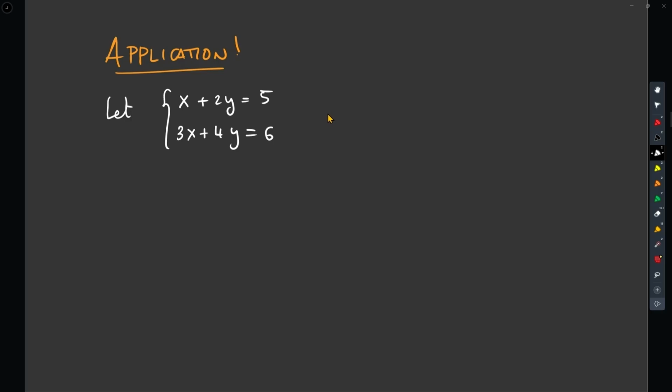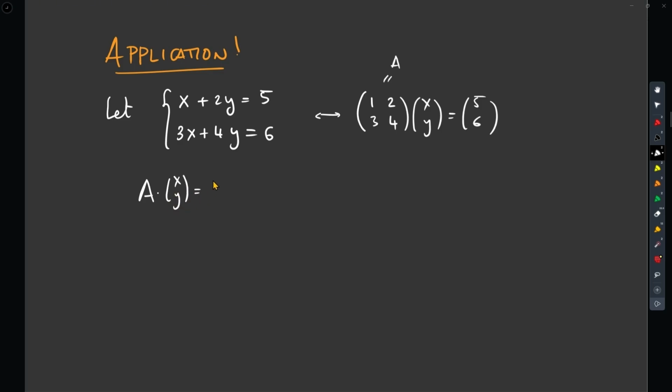In matrix form, this is the system 1, 2, 3, 4 times x, y is equal to 5, 6. Or, if this is the matrix A, this says that A times x, y is equal to 5, 6.